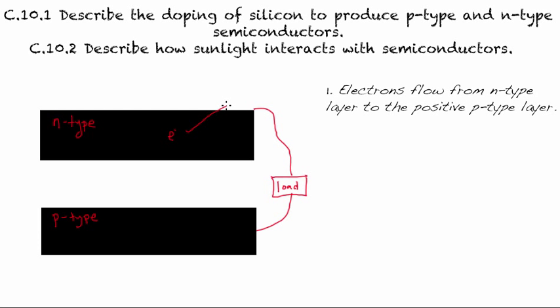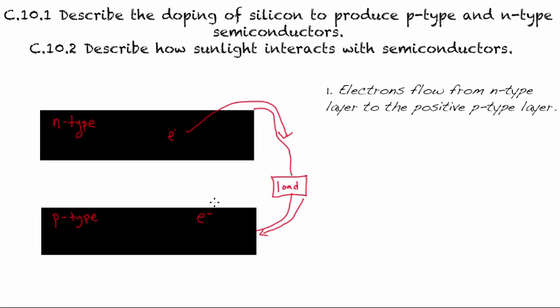You can follow its path all the way back over here, where it fills in. Once it gets over here, it's going to fill in the electron hole because a P-type is doped with a group 3 element and leaves a hole. And so the electron is now down in here and has filled up the hole.